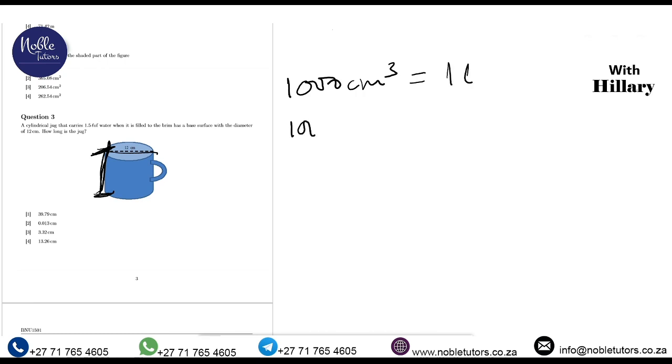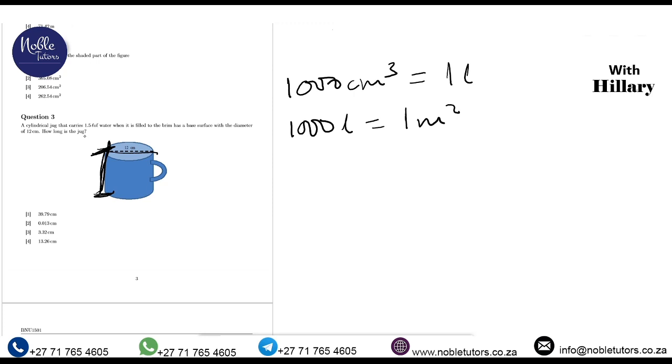For every 1,000 liters is equivalent to 1 cubic meter. This measurement helps you to determine the number of liters or the cubic centimeters or meters that are given.